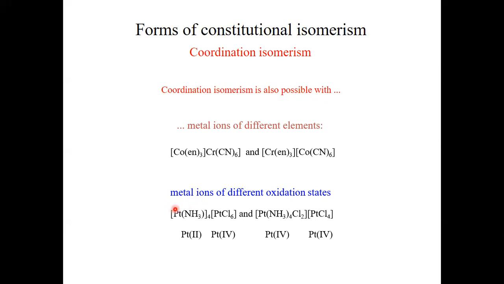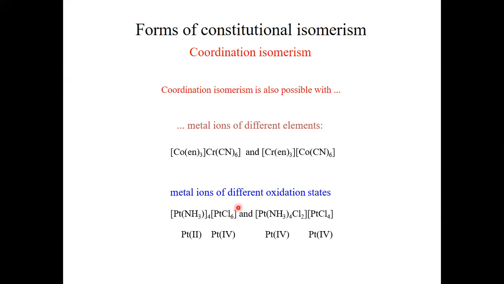So here we have a platinum 2, which is bound to 4 amine ligands, making a complex cation with a 2+ charge, which is then counterbalanced in charge by this complex anion here, in which platinum is in the oxidation state +4, and 6 chloro ligands are bound to this platinum.